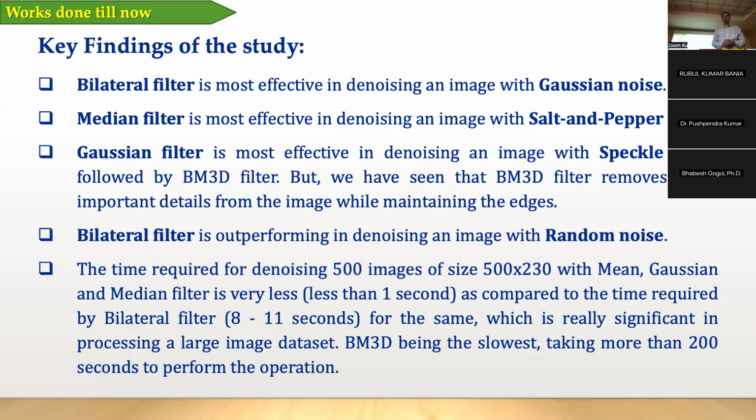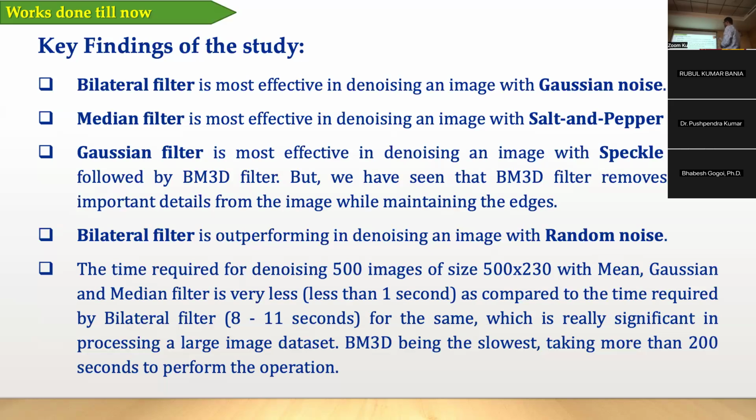The key findings of the study are that the bilateral filter is most effective in denoising an image with Gaussian noise, the median filter is most effective for salt and pepper noise, and the Gaussian filter is most effective for speckle noise, followed by the BM3D filter. But we have seen that the BM3D filter removes some important details which are actually essential for the processing.